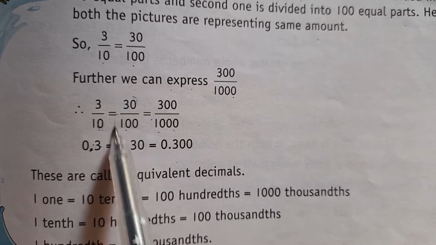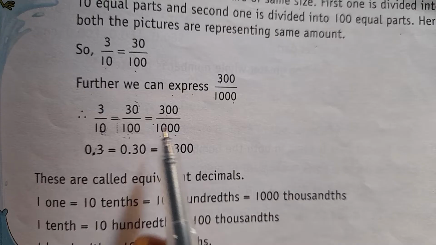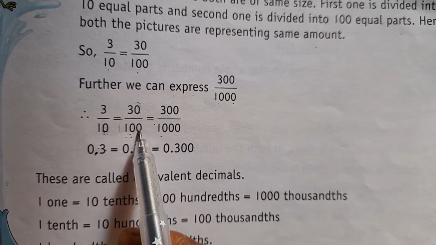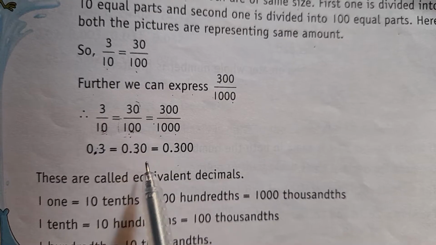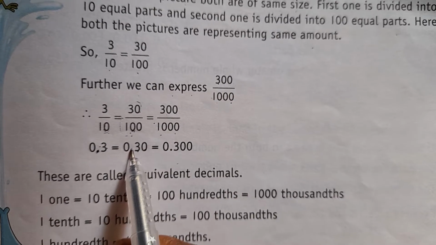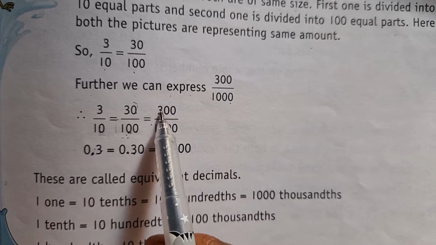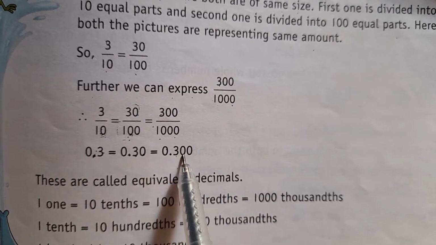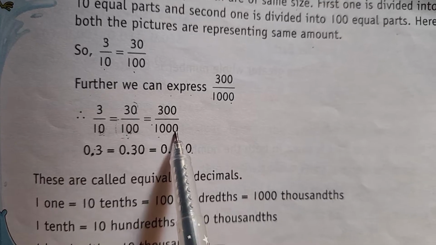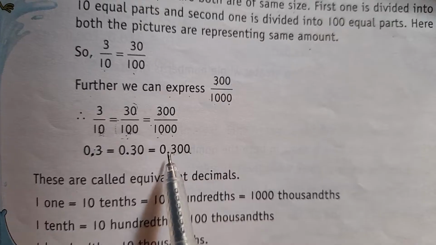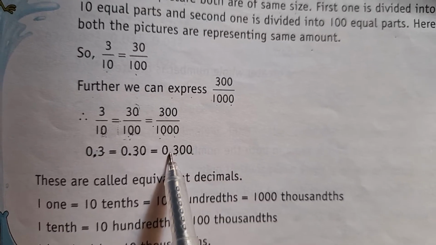Okay. So for the second one, 30 by 100, write 30 in the answer, and because of 2 zeros, after two numbers we will keep the point. And again for the third one, write the number 300, and for 3 zeros, after 3 numbers we will be keeping the decimal point.